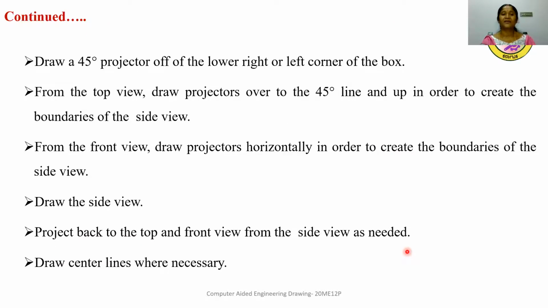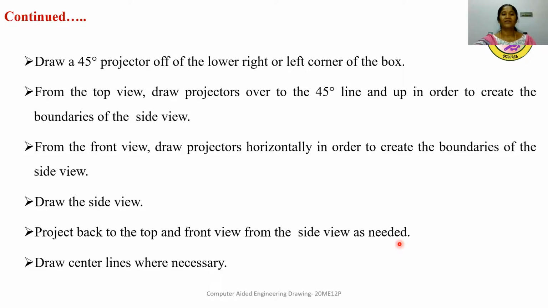The next step, in order to draw the side view of the given component, is to draw the 45-degree projector lines in the lower right corner or the lower left corner of the sheet. We suppose the lower right corner in order to draw the left view of the given component, and the left corner in order to draw the right side view of the given component.